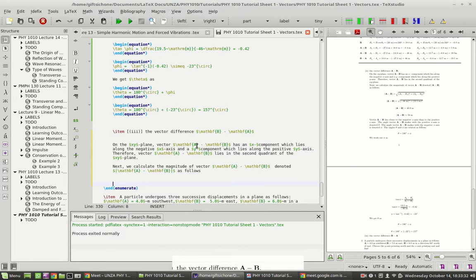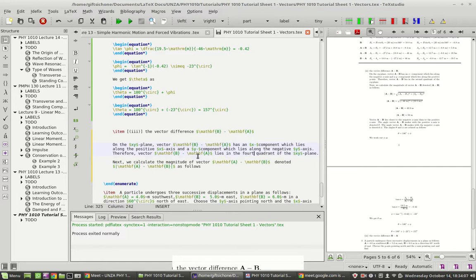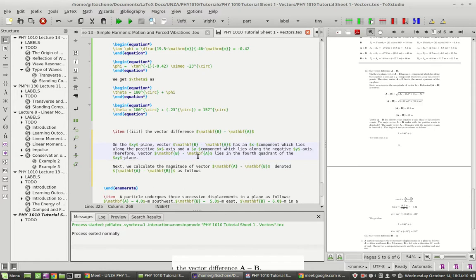On the xy plane, vector b minus a has an x component which lies along the positive x-axis, and a y component which lies along the negative y-axis. Therefore, vector b minus a lies in the fourth quadrant of the xy plane.